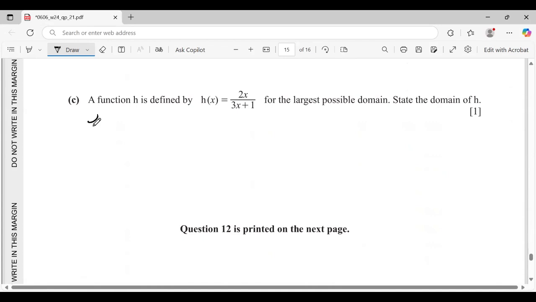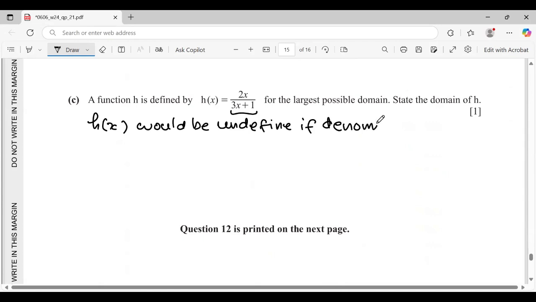So h(x) will be undefined if the denominator 3x plus 1 is equal to 0, because if 3x plus 1 equals 0, we can find x equal 1/3 like this.